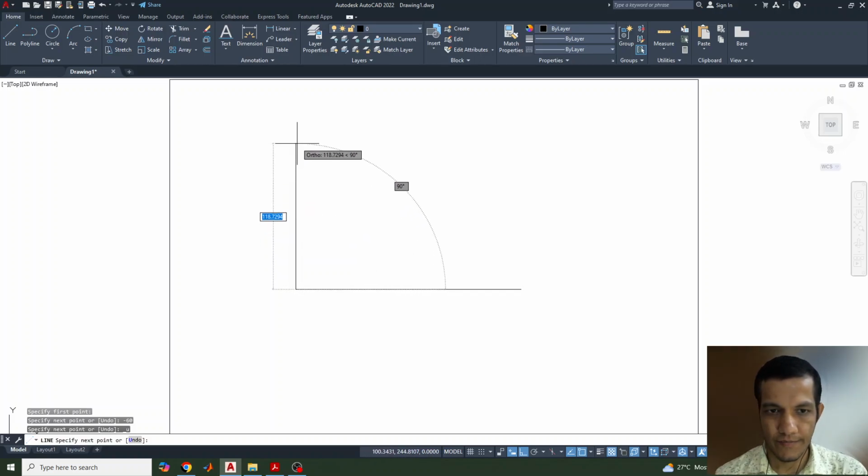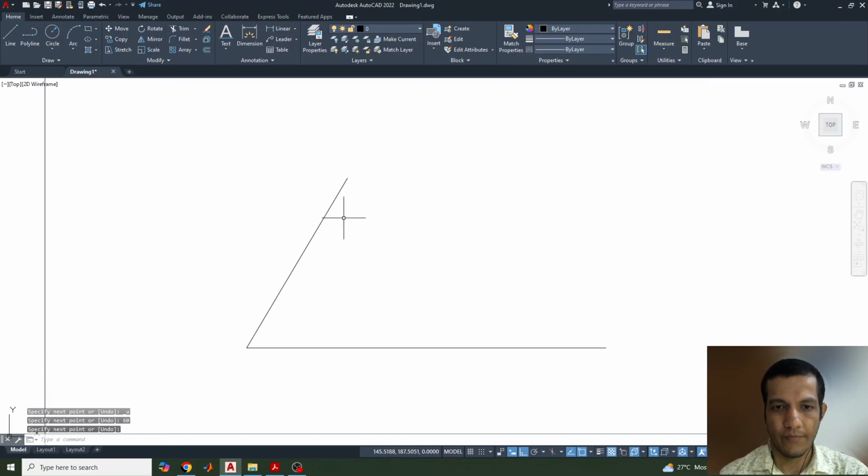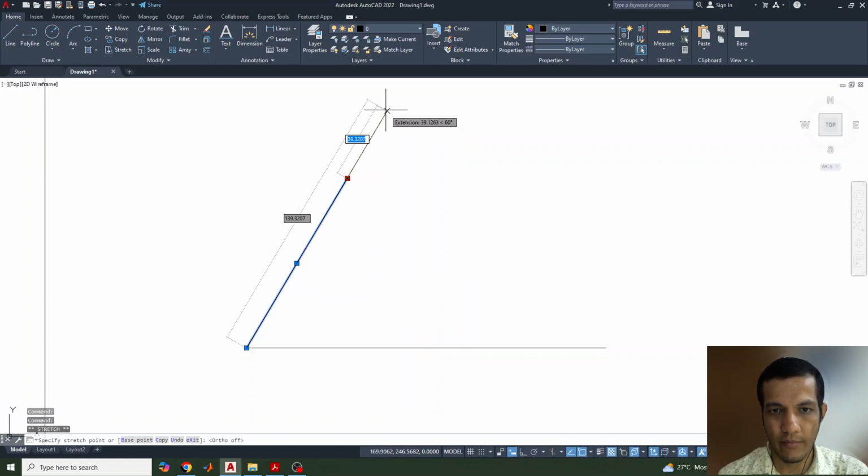Yeah, this is 100, and this one we can give minus 60 degrees. So we have created our y-axis form, and this is our x-axis. This one also we can extend actually. There is no problem in extending this line, but we need to extend it straight if you want.